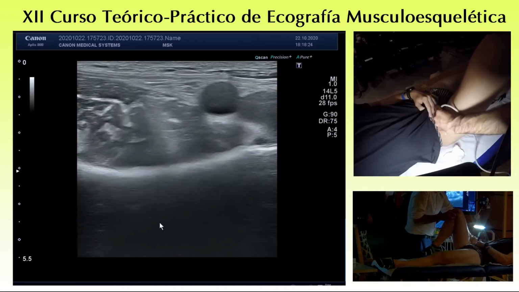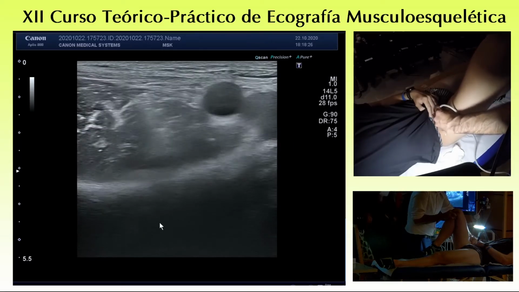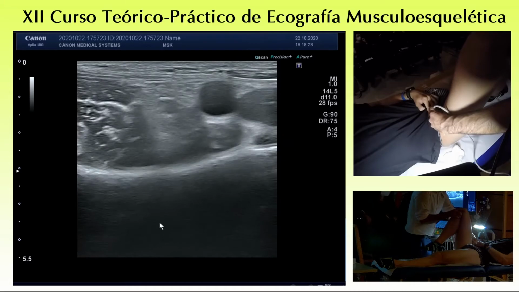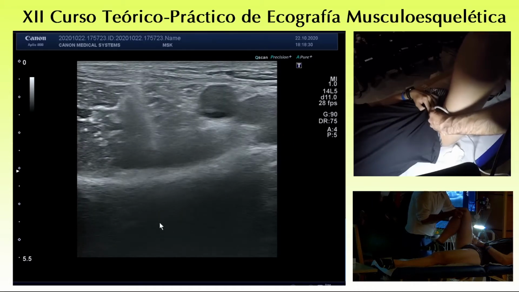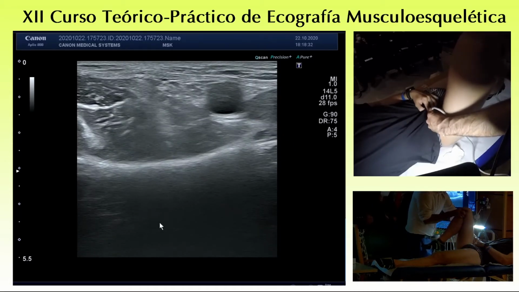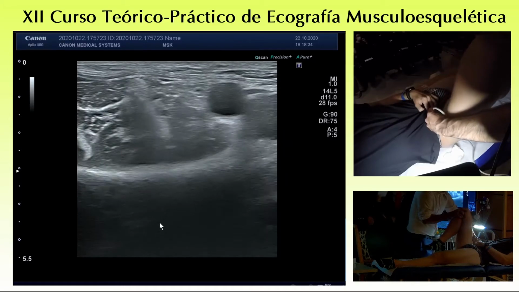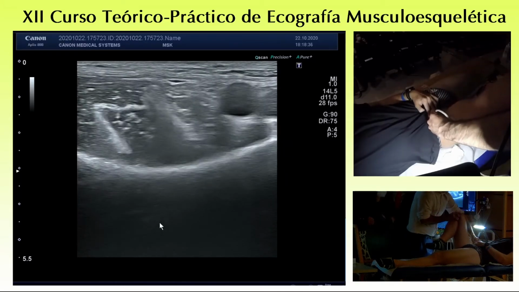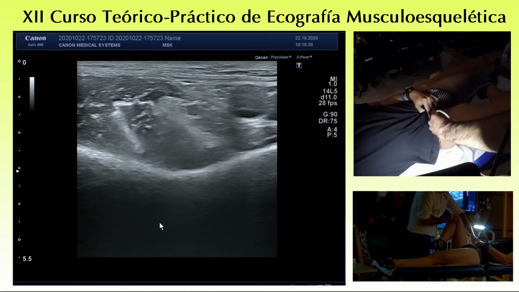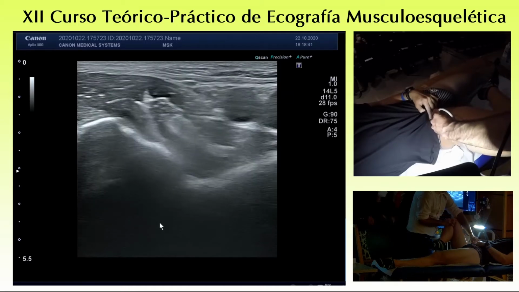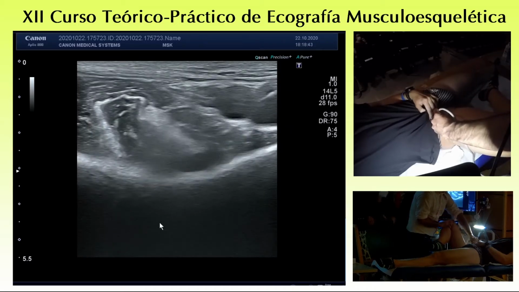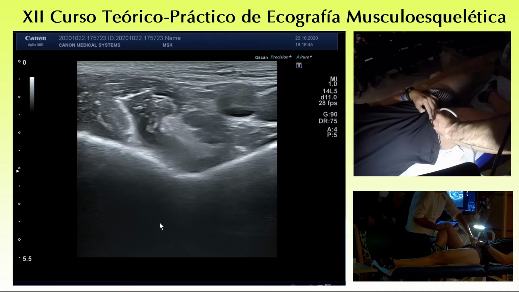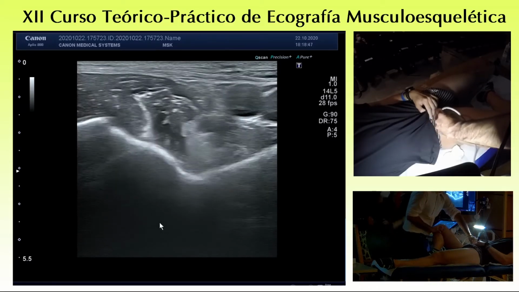I'm tilting the probe just to keep the tendon hyperechogenic, okay? Here, you have to put maximal flexion, just to receive the snapping. Then you start to go back like this, and always stabilize the probe and relocate the leg.